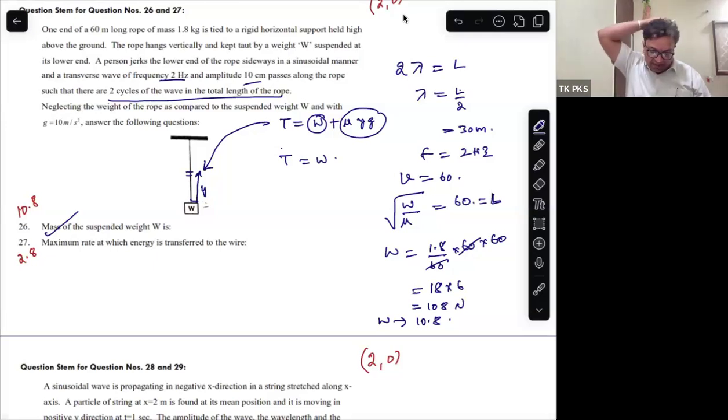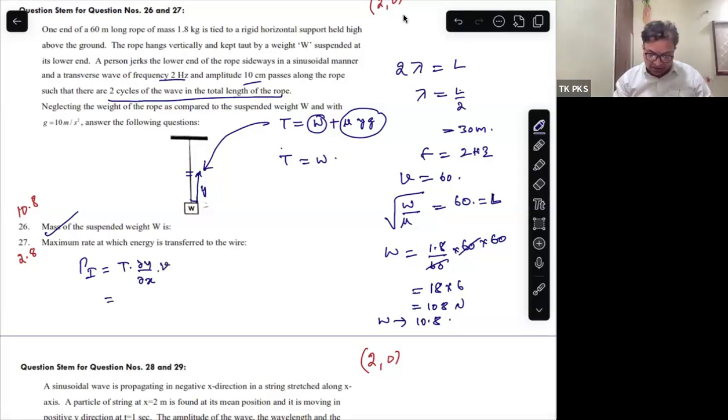Next. Maximum rate at which energy is transferred to the wire. You know what they're asking? They're asking about power, instantaneous power. Just now I have given the relation: T into dou y by dou x into velocity of the particle.